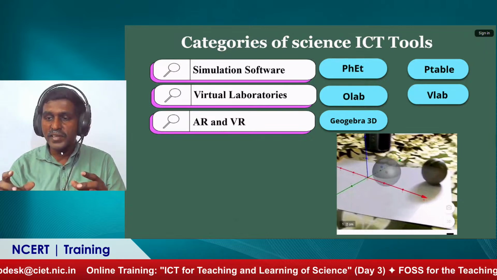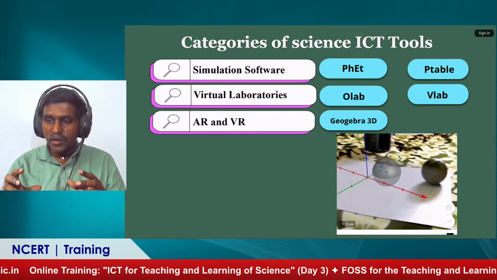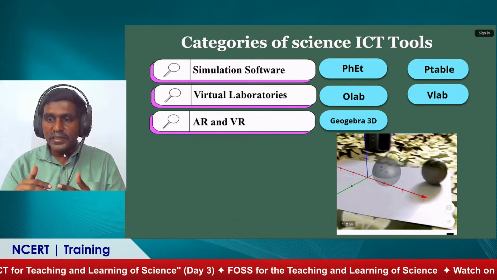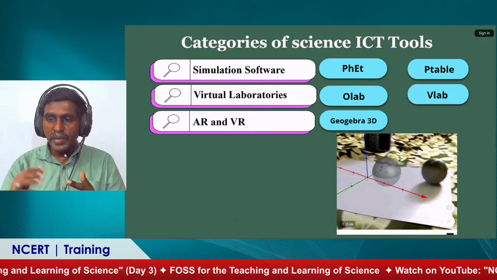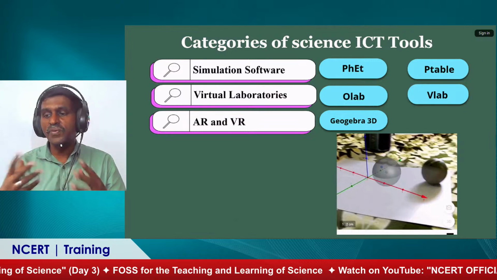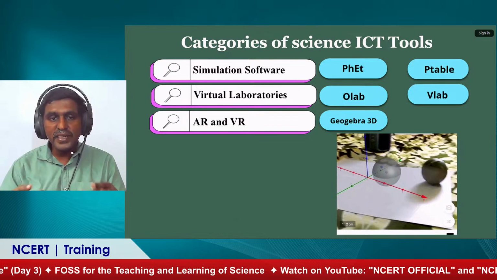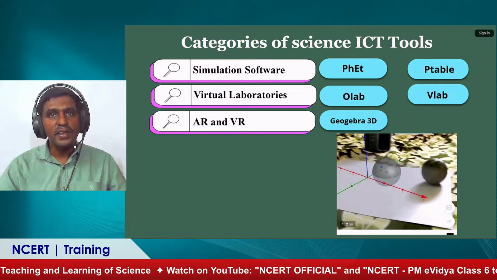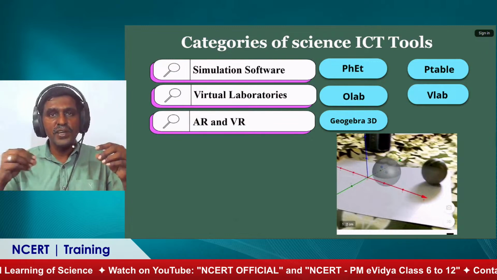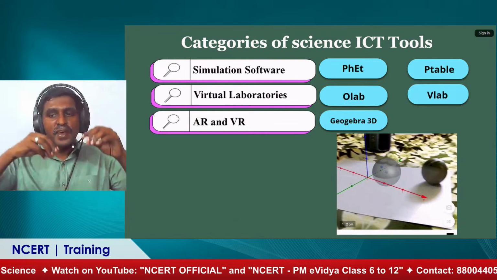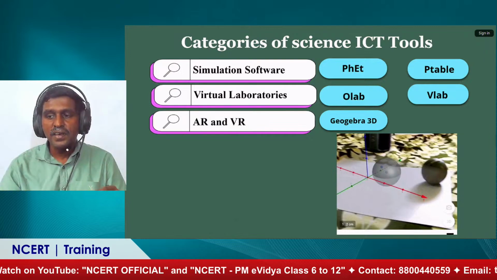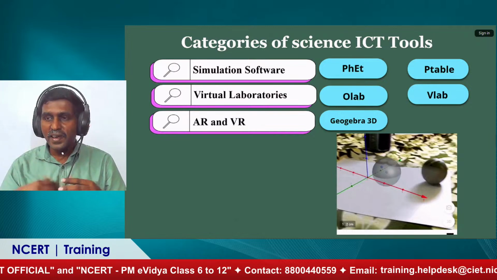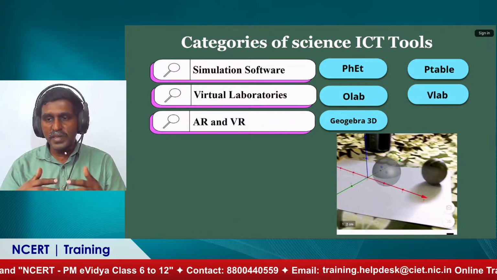I really constructed that ball inside the GeoGebra 3D app, but we can insert these files into the real world. That kind of reality is called augmented reality. But the surrounding is not going to change. We are keeping some pictures and other things in that surrounding, so that we will get a better learning experience.